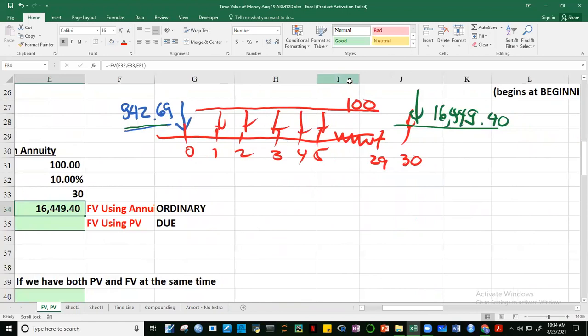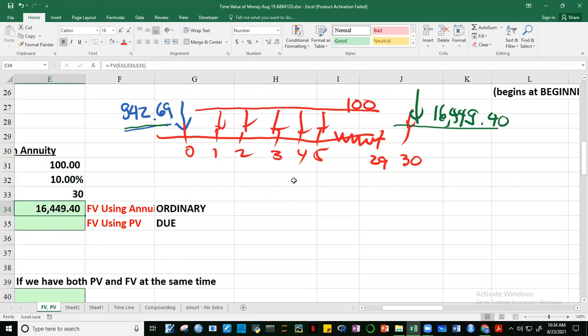So we have three cash flows na they're all equivalent. 942.69 is equivalent to 100 for the next 30 years at 10%, no? Which is equivalent to 16,449.40 after 30 years. So lahat ng tatlong to, guys, they are equivalent cash flows and we are indifferent to choosing any of them.